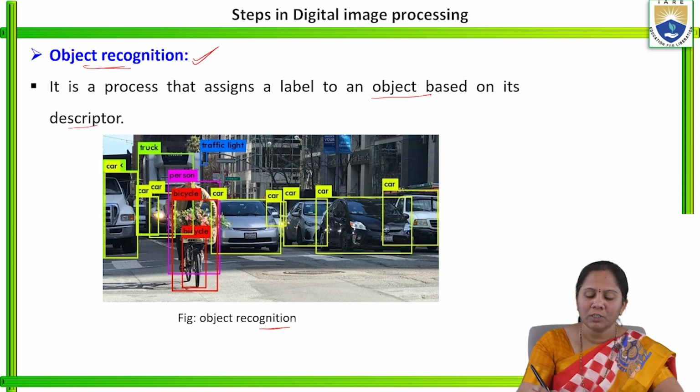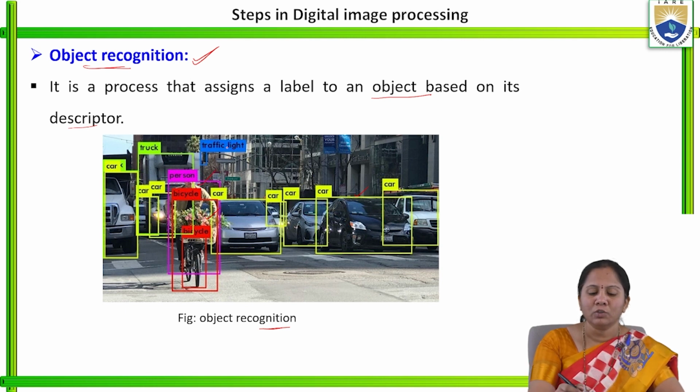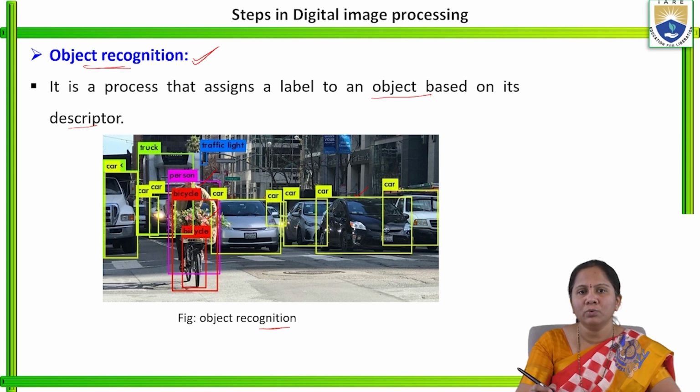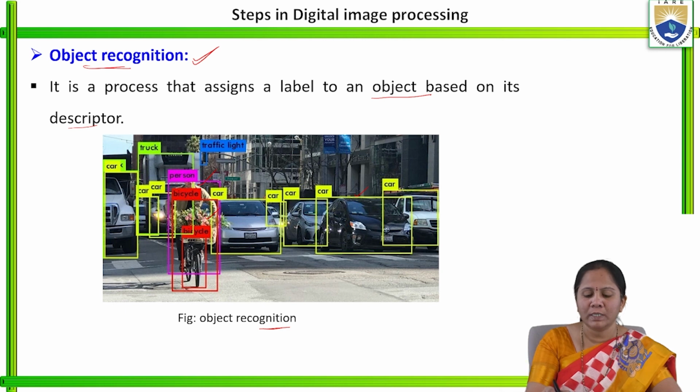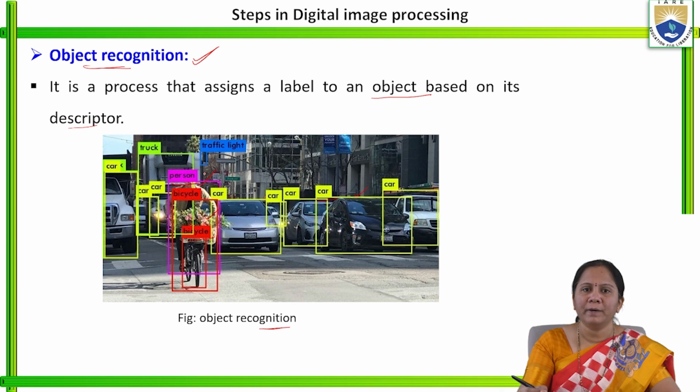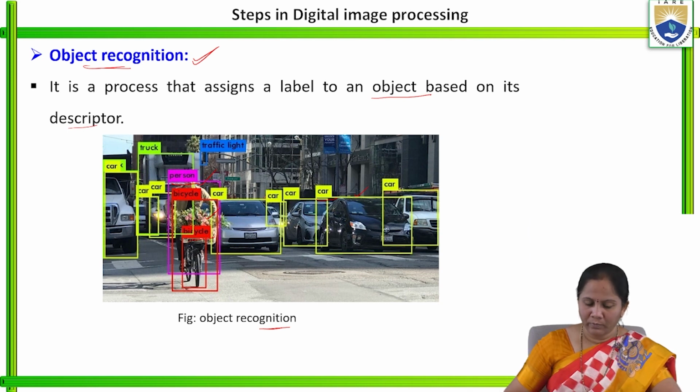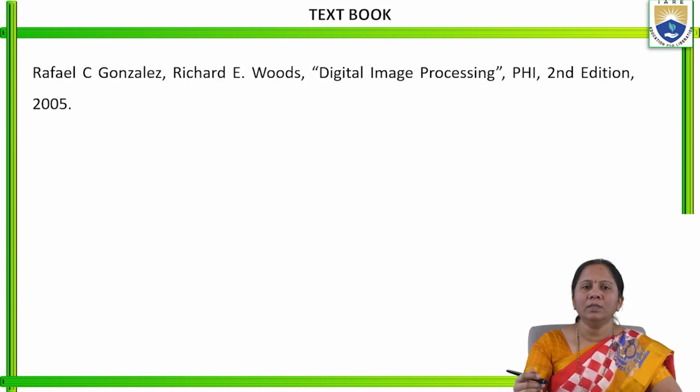In this image, we can see some cars, and also bicycles, and some person riding a bicycle. Object recognition recognizes different objects based on the label. So it is identifying them as car, bicycle and person. All these are different fundamental steps in a digital image processing system.